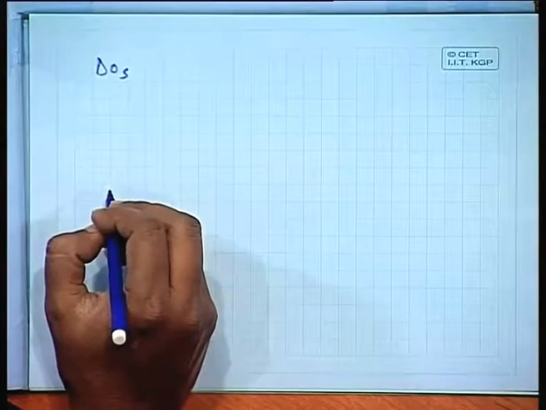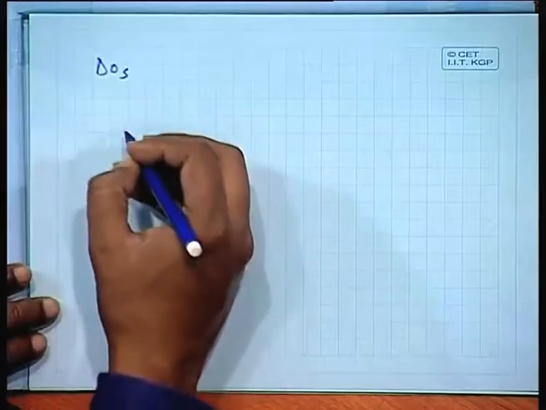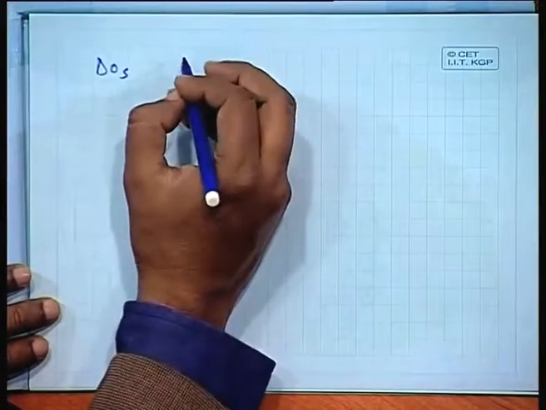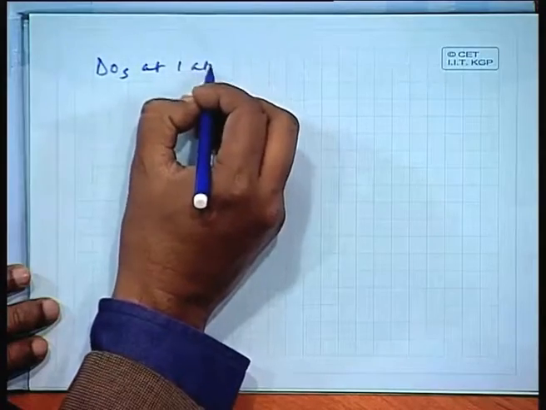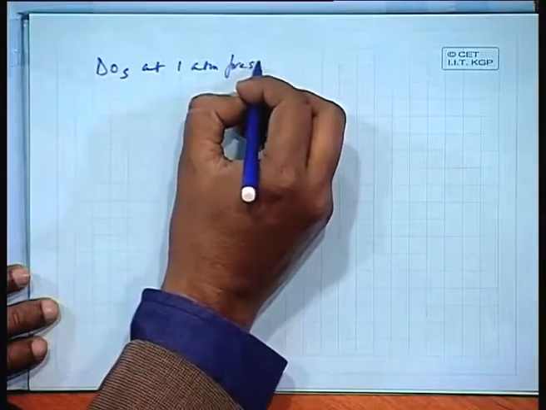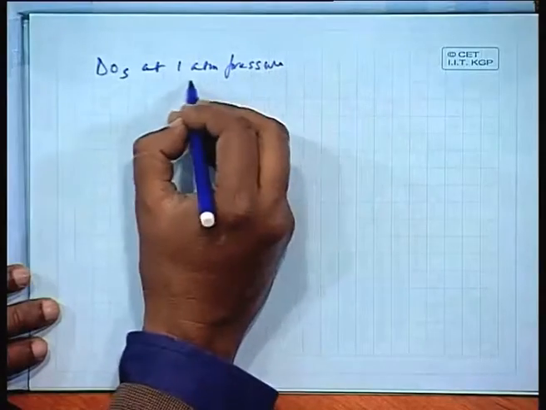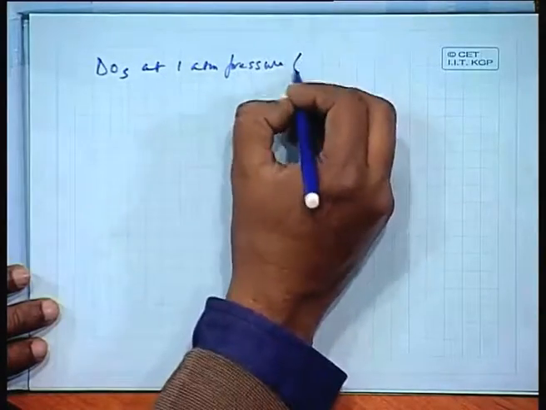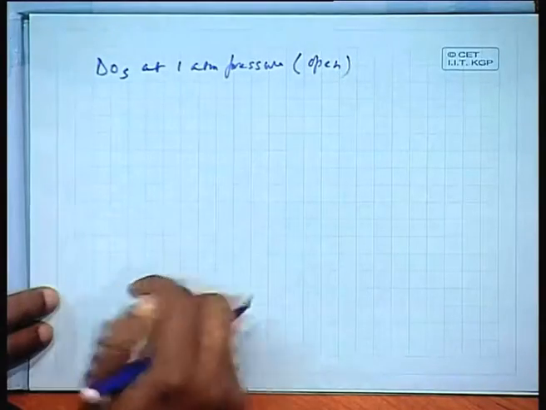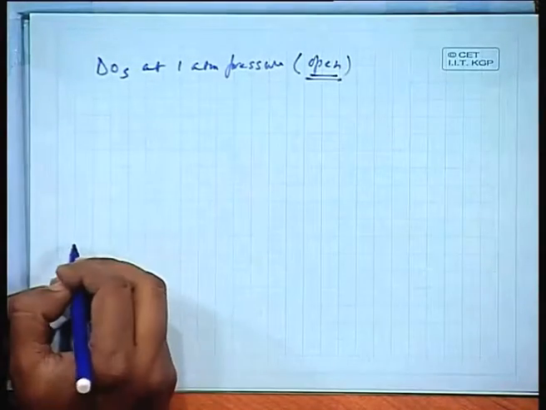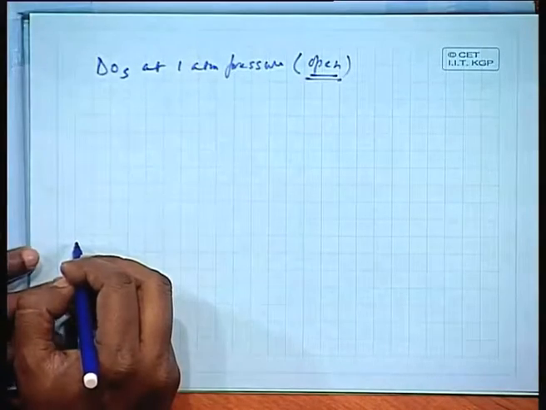The value of DO saturated is also of great importance for us. It is the DO at 1 atmospheric pressure. One atmospheric pressure means what? It is open. It means it is an open stream.